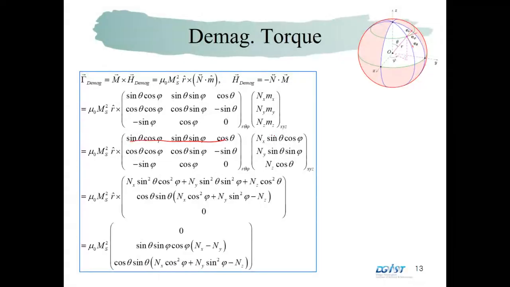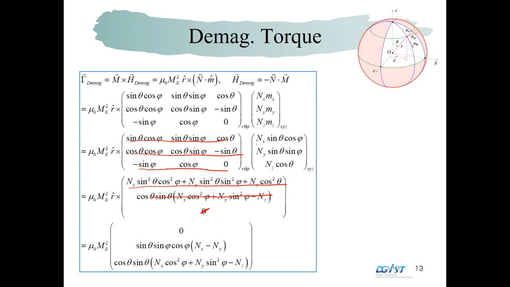If we multiply this one, we have this part, and this one gives us this part, and this one gives us zero. Sorry again, this is not zero, but we have something here.